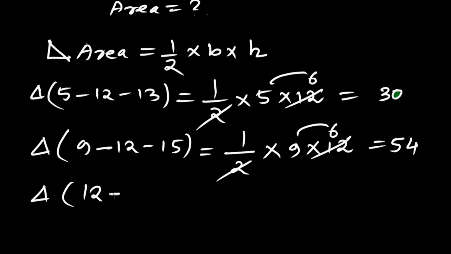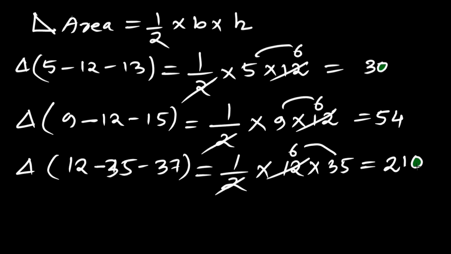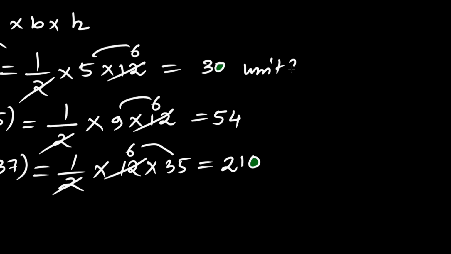For the 12, 35, 37 triangle, the area is 1/2 multiplied by 12 multiplied by 35. Half of 12 is 6, and 6 multiplied by 35 equals 210 square units. So the possible areas are 30 square units, 54 square units, and 210 square units.